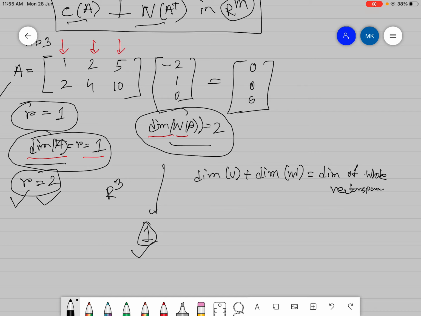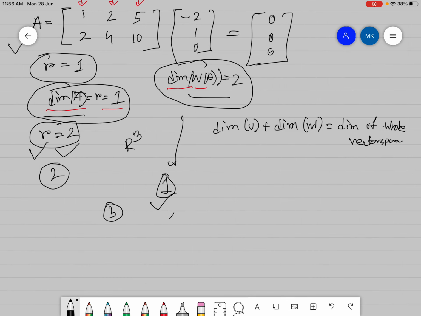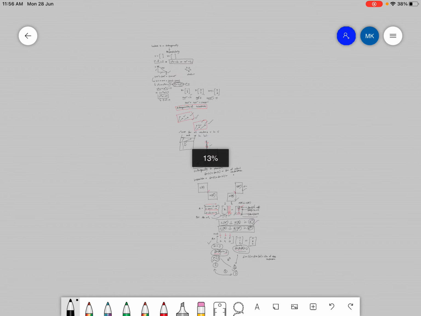Because as you can see, there are 2 rows here and 3 columns here. So if the rank is a full row rank, then definitely only one free column would be there, and for one free column you will get one entry for the null space, and you will get one dimensionality of the null space. So these numbers basically complement each other.